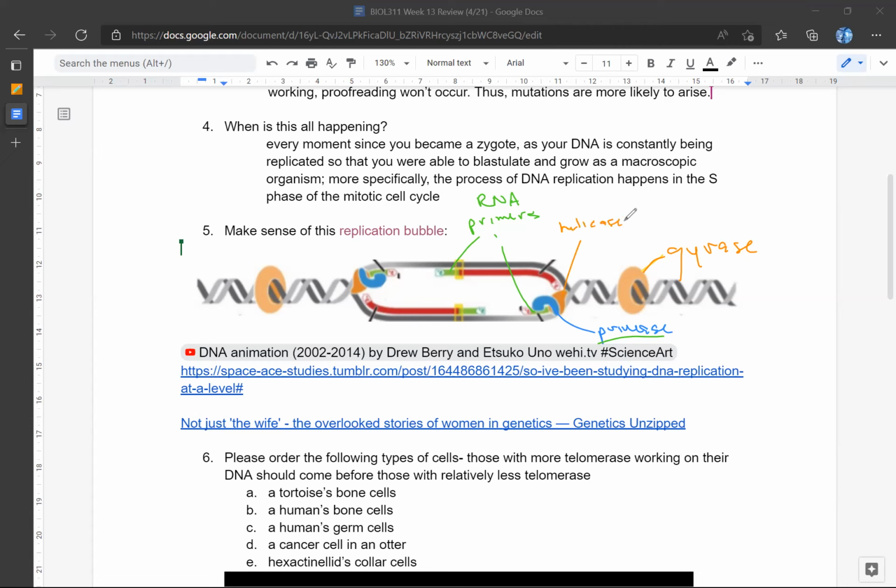And what's helicase doing? Yes, it unwinds. Unwinds what? The double-stranded DNA, exactly. Helicase unwinds this helix. Very nice and easy to remember.